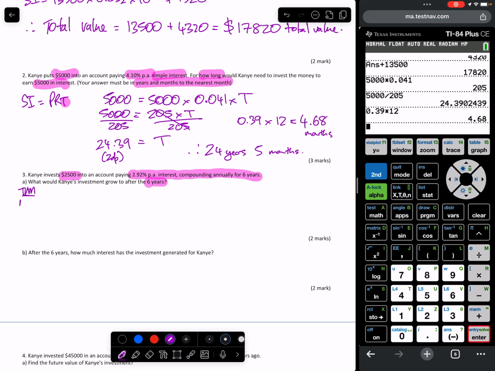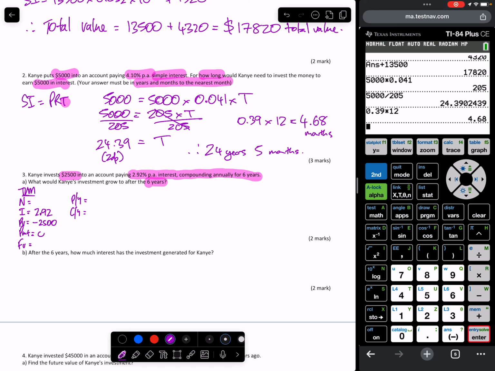N, I, PV, PMT, FV, P per Y, CY. All right, the interest rate is 2.92%. I'm going to use TVM Solver because it's compounding. PV, he put 2,500 into the account, so PV is going to be negative 2,500.